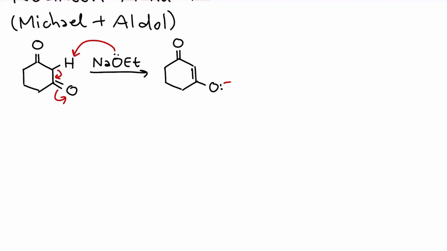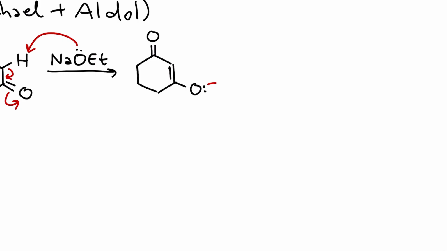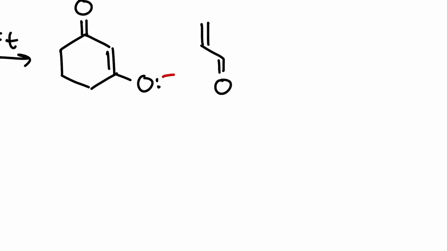Then I'm going to introduce a Michael acceptor. Commonly it is acrolein, right? I think this is called acrolein. Well, sometimes aldehyde can be too electrophilic, so I'm just going to add another methyl group to make it selective.